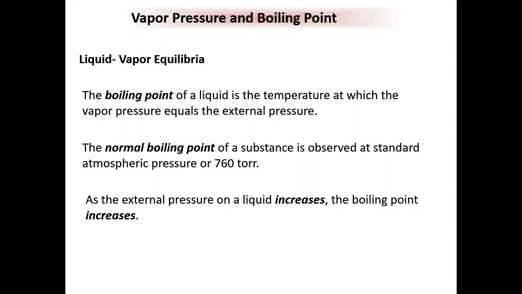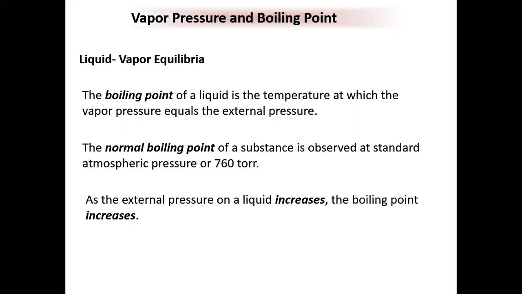Now, the boiling point that is very common to us is the normal boiling point. The normal boiling point of water is 100 degrees Celsius. Normal boiling point refers to the boiling point at 1 atmosphere. So anytime you see normal in front of boiling point or melting point, it's referring to the temperature at 1 atmosphere of pressure.